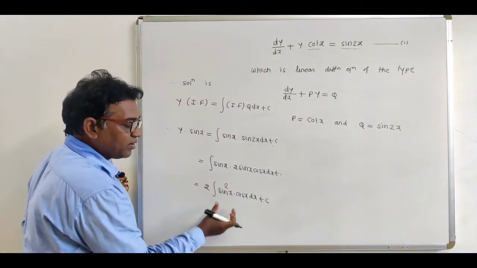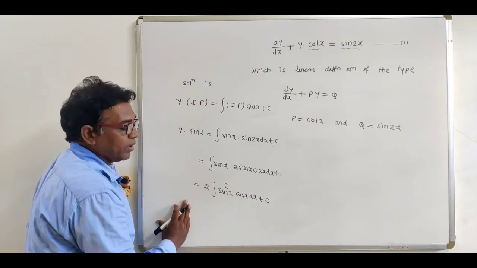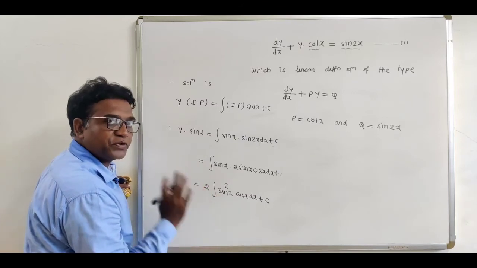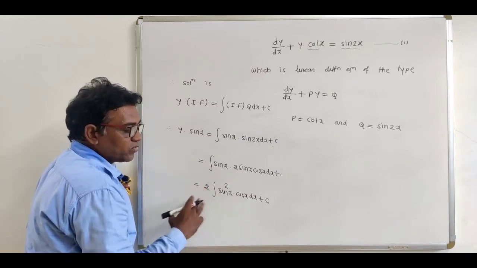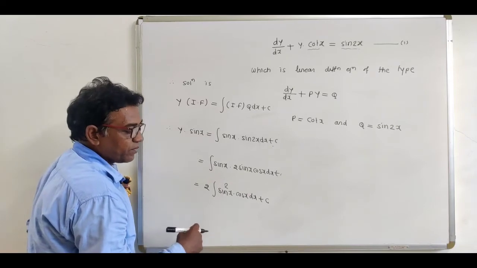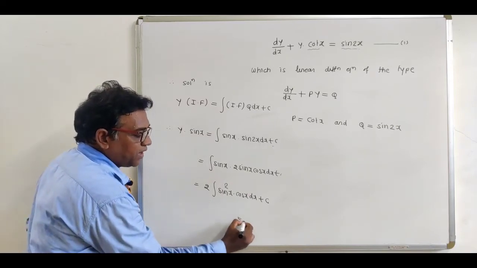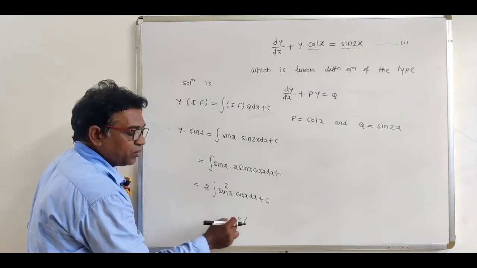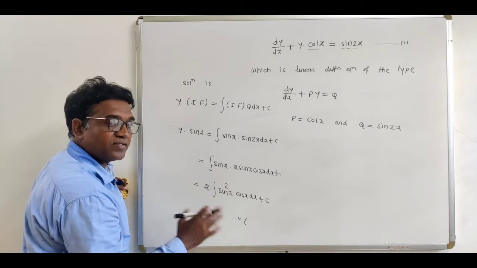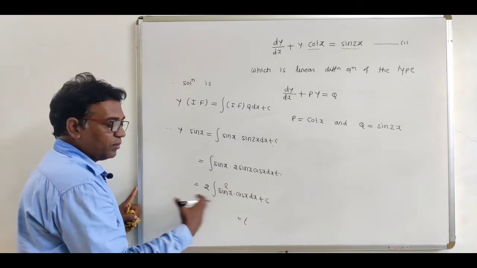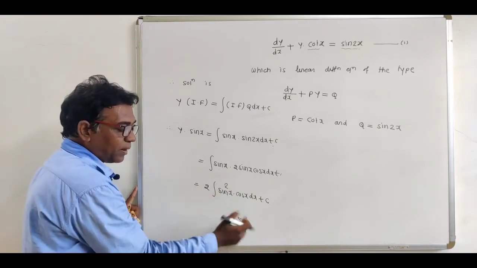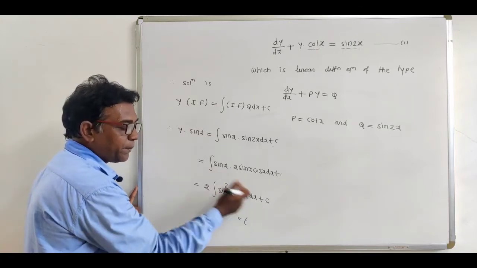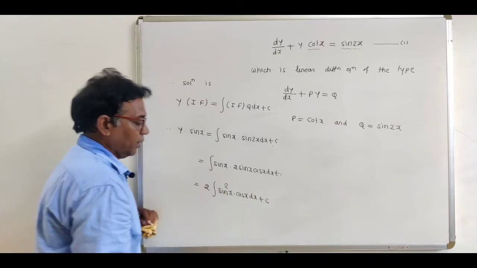Now see how to find out this integral. For this integral, we use the method of substitution. Now see what is the method of substitution. Put something for t so that its derivative should be present in the integrand.